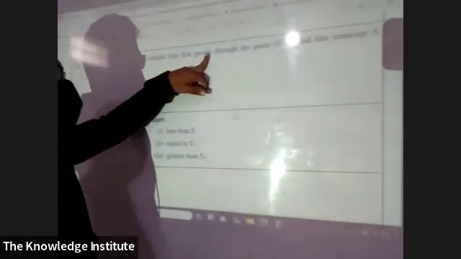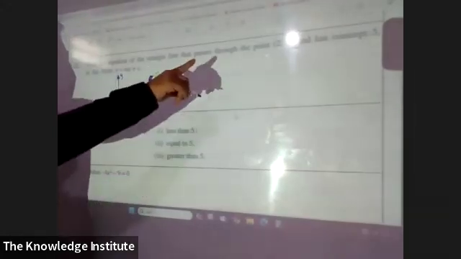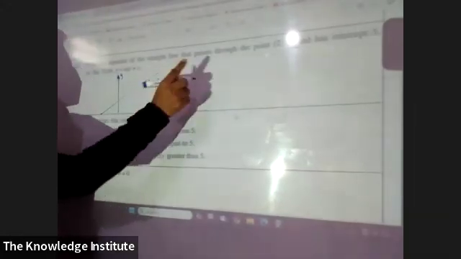So let's say y is a straight line passing through the point (2, 1) and has a y-intercept of 5. Here the y-intercept is 5, and then this is (2, 1).